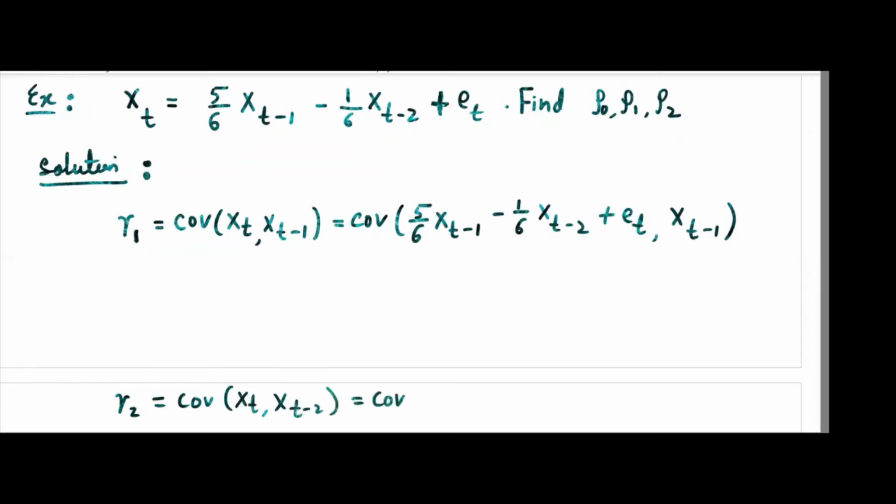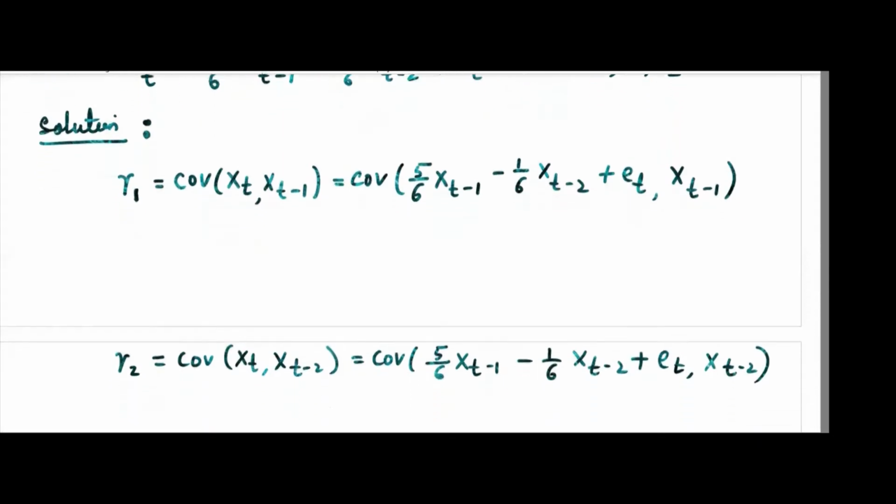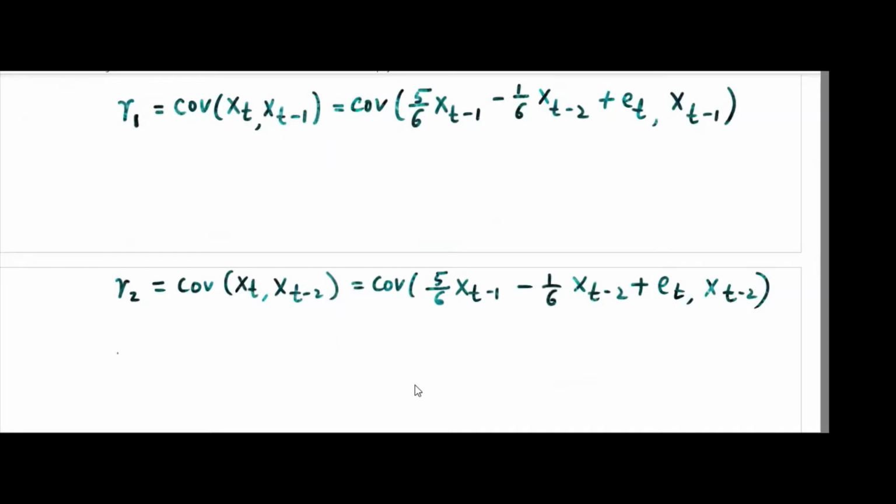Then you will get covariance of the same formula, 5/6 X_{t-1} minus 1/6 X_{t-2} plus e_t, then X_{t-2}. So what we are doing is just substituting the values from the left in both cases. Let me write gamma naught as well.